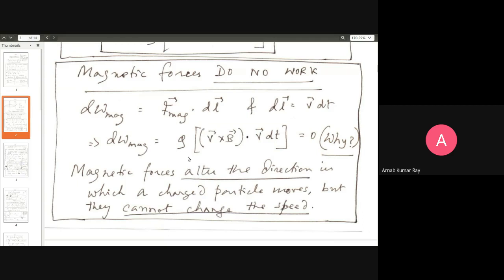Why not? Suppose you just imagine you have a car, you pushed it from behind. By the action of your pushing, which is to say you have applied some force, the car, which was stationary earlier, undergoes a little displacement. So basically the car has moved.